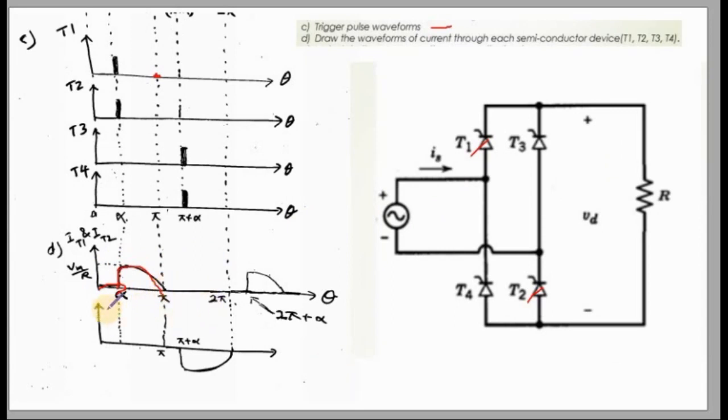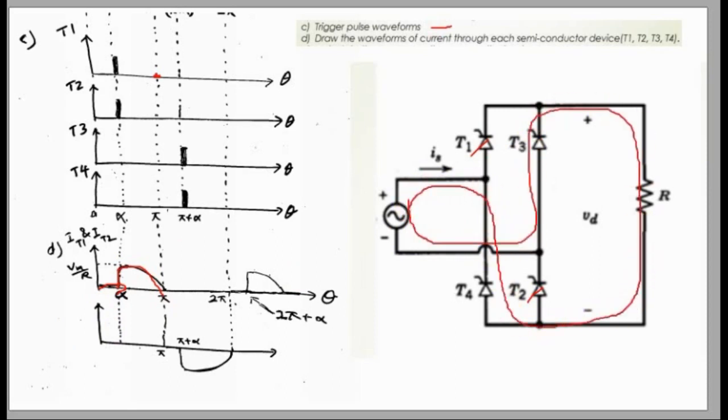And in the negative half cycle, this should be IT3 and IT4. Current will go like this.